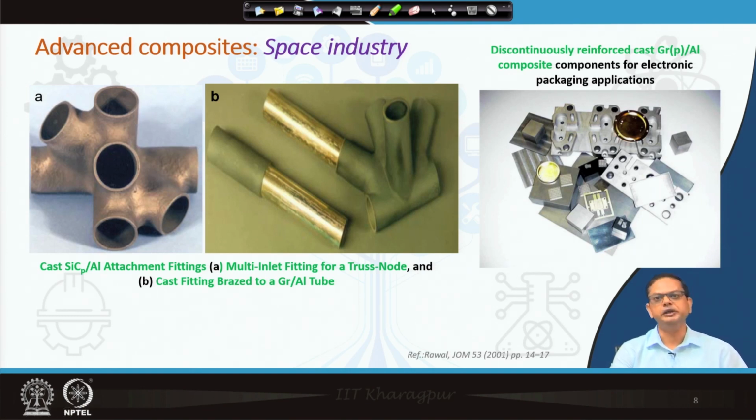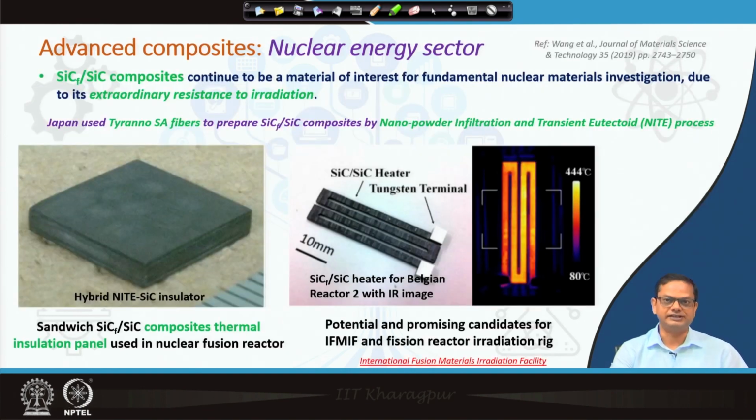Let us move into a new sector, which is the nuclear energy sector. Now, in certain nuclear energy applications we need materials of high temperature strength. At the same time, they should also show extremely good resistance to irradiation. Both are requirements.